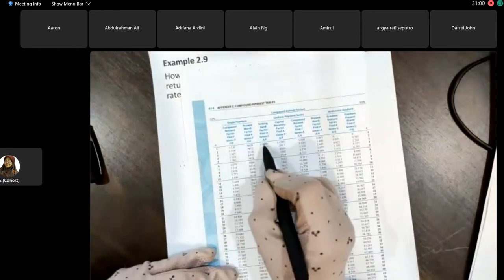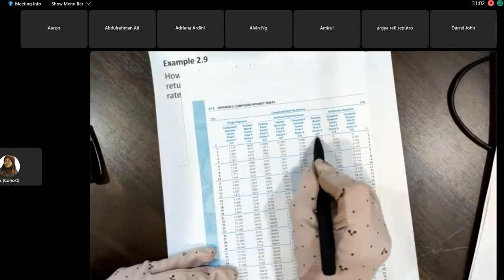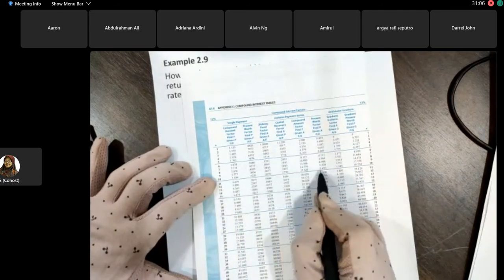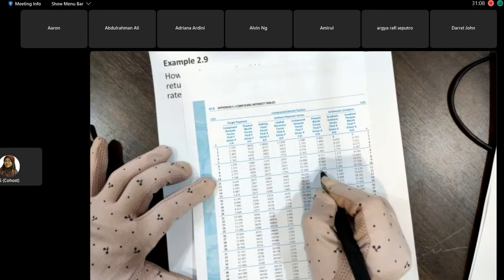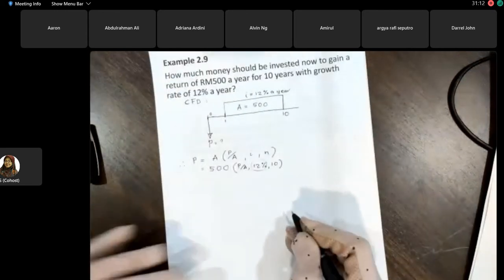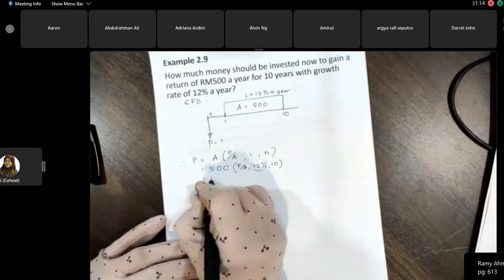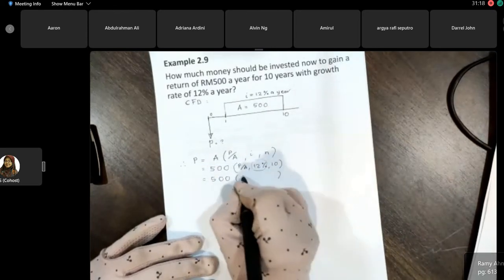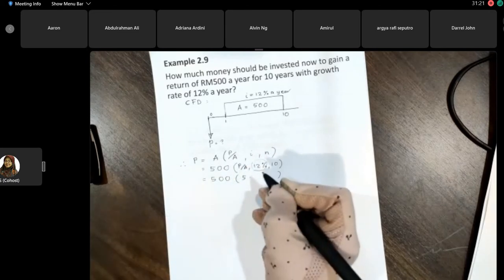Okay, 12%, P over A, where is P over A? Here, P over A with year 10. Okay, P over A 10 is 5.650. So 500 times 5.650 is the value.